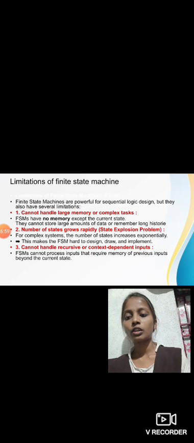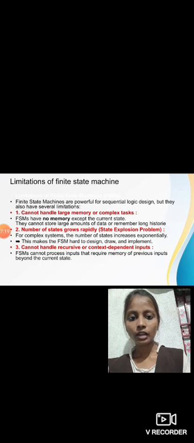They cannot store large amounts of data or remember long history, and the number of states grows rapidly. For complex systems, the number of states increases exponentially. This makes the FSM hard to design, draw, and implement.